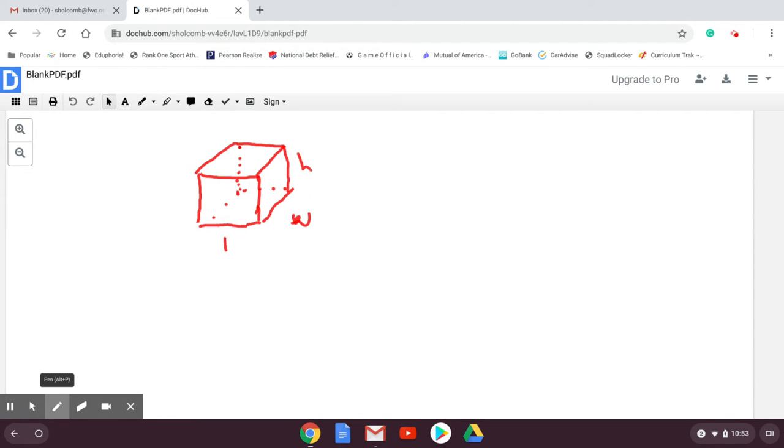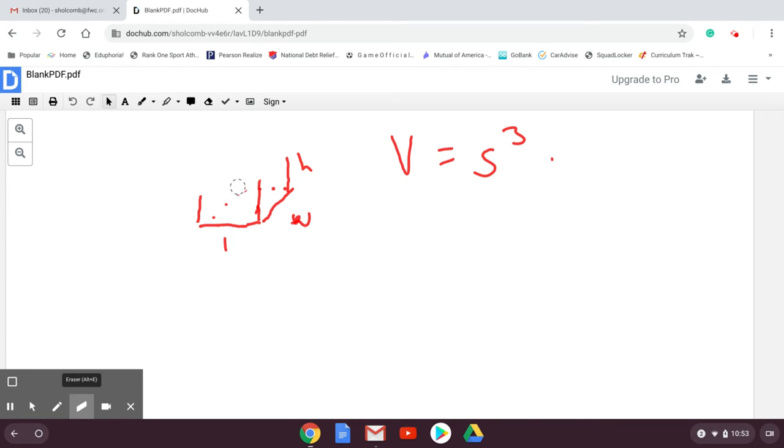And a square cube, because all of the sides are the same amount, the volume is equal to side cubed: length times width times height, or the actual side times side times side, since all the sides are the same.